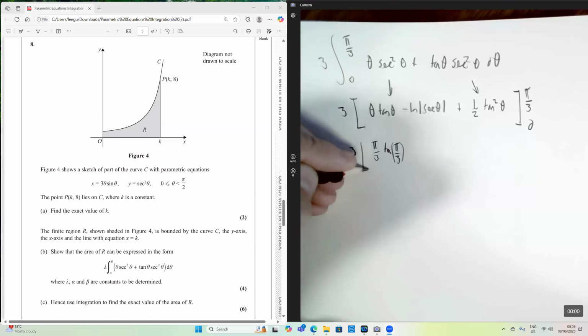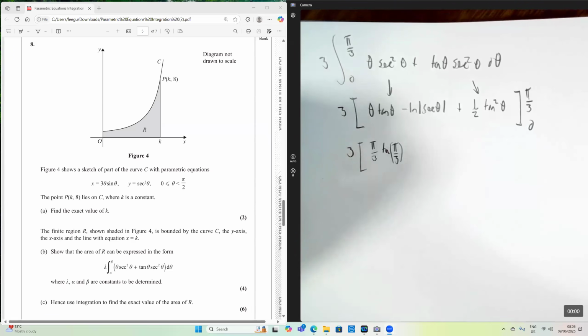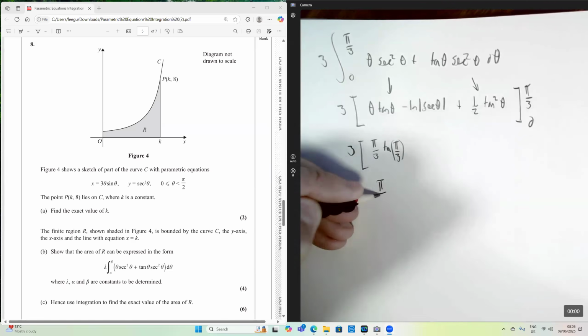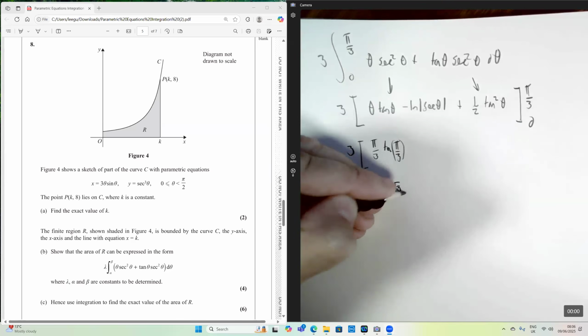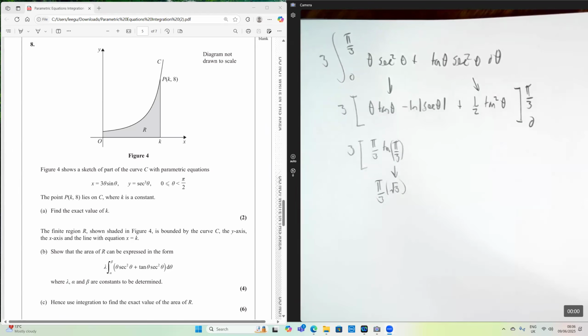Got a 3 outside this whole thing. So pi over 3 times tan of pi over 3. Let's just see what tan of pi over 3 is. Tan of pi over 3 is root 3. So that's going to go to pi over 3 times root 3 there.